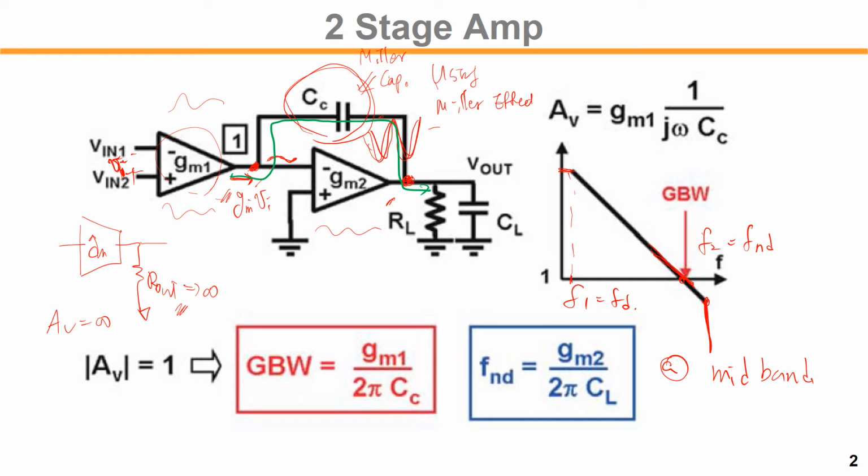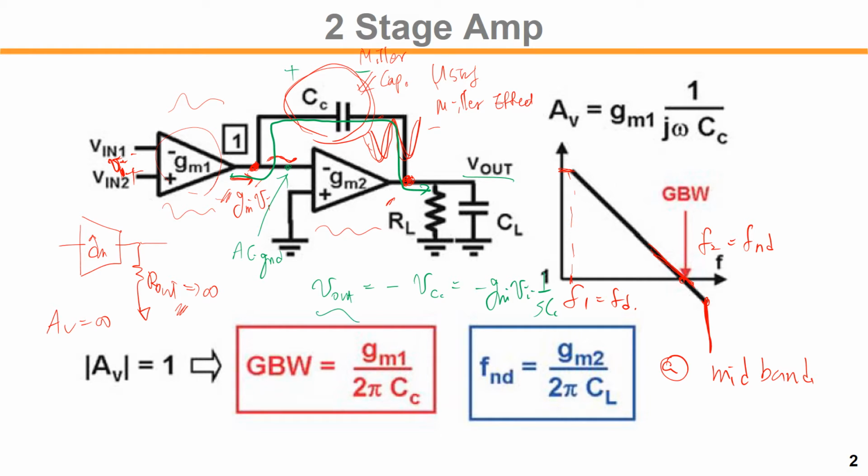Now, since the second stage gain is very large, we can approximate node 1 as AC ground. That means the voltage drop across the CC will be, right? So V out will be the minus voltage drop over CC, that would be minus GM times VI times 1 over SCC, right?